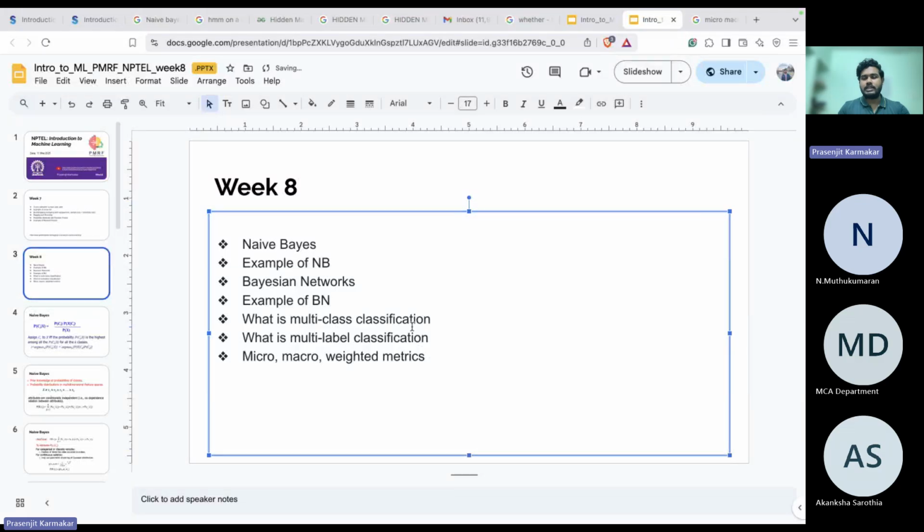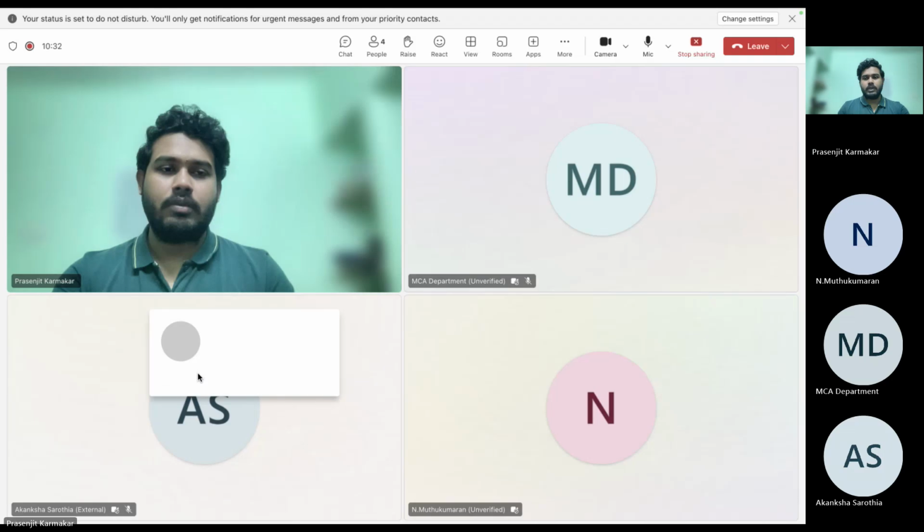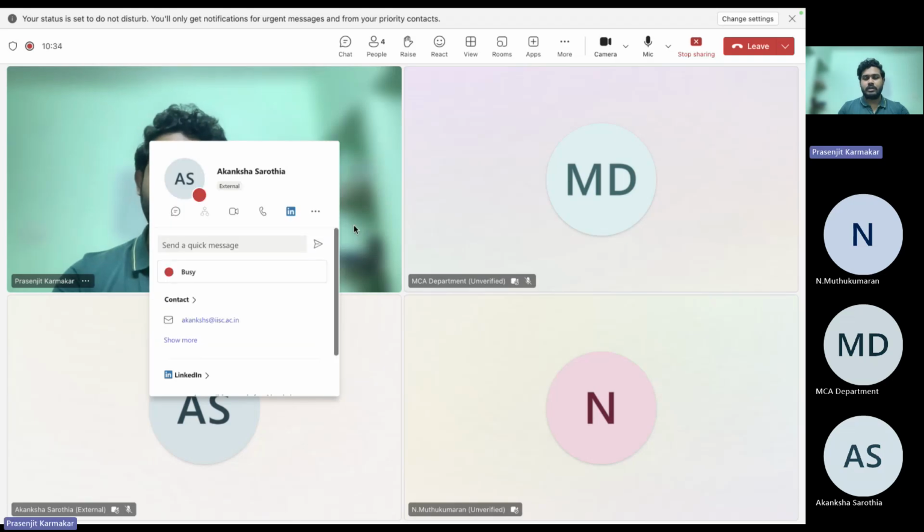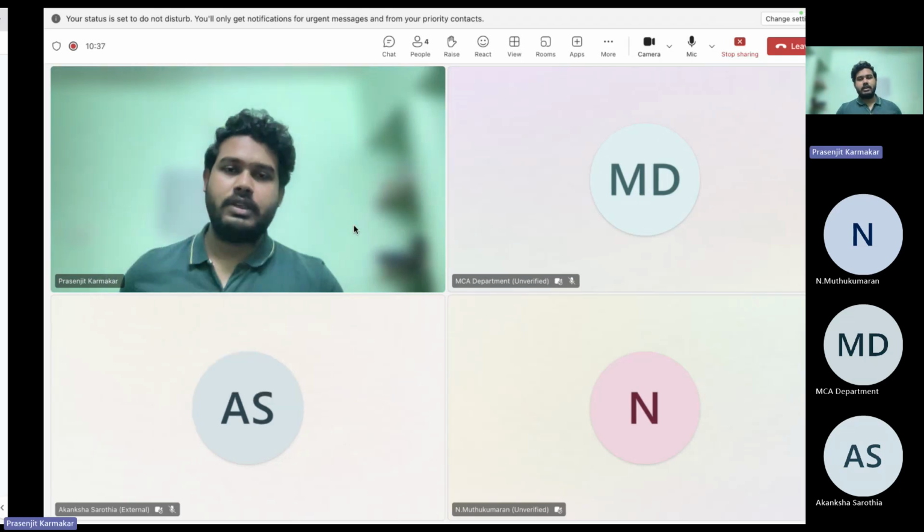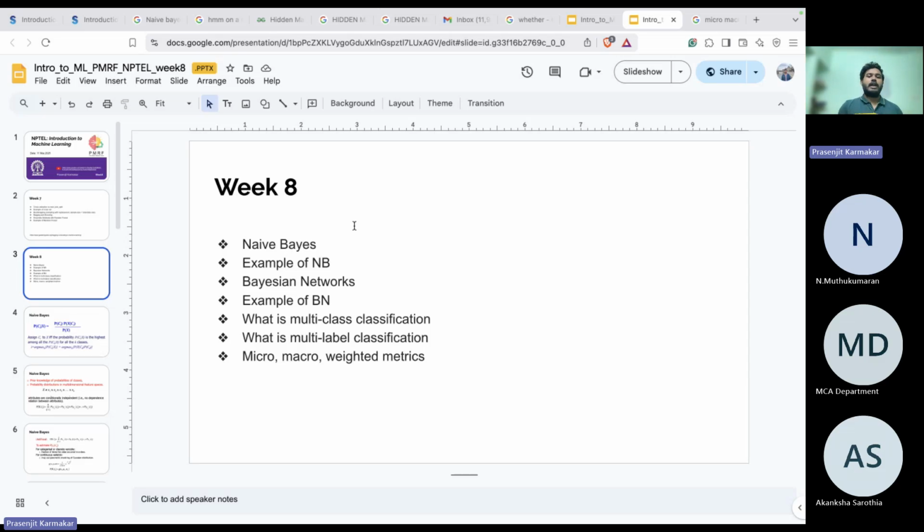So what is multi-class classification, and sometimes this term, multi-label classification, also comes up. What is the difference between multi-class and multi-label, and what kind of metrics do we use in a multi-class scenario? Whenever I want to measure the accuracy of a classifier across multiple classes, directly computing accuracy or any metric like F1 score can give me a biased estimate.